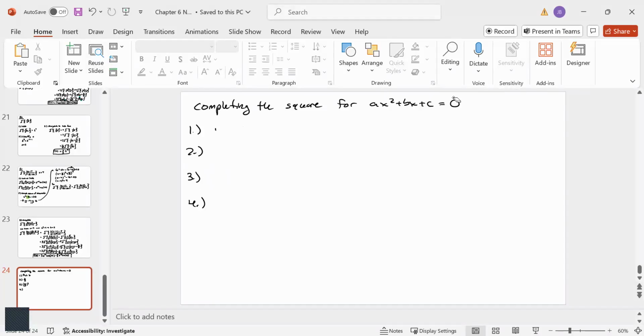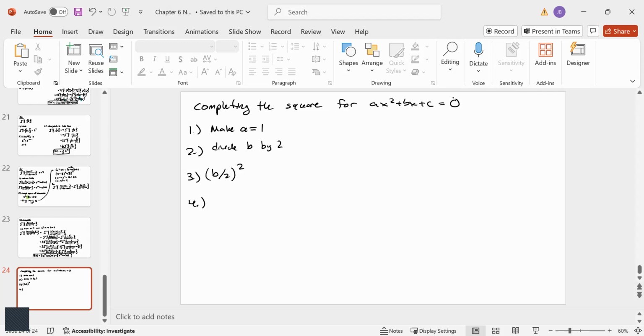I forgot. I got to rewrite this. Step 1, make a equal to 1. There cannot be a number in front of x squared. It has to be 1. So that's very important. And then divide b by 2. B over 2 squared.